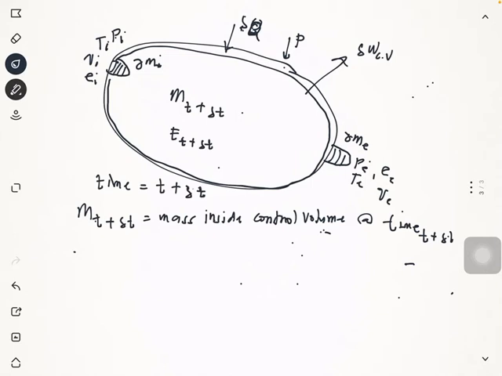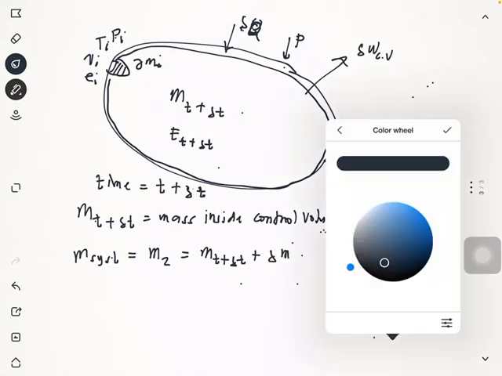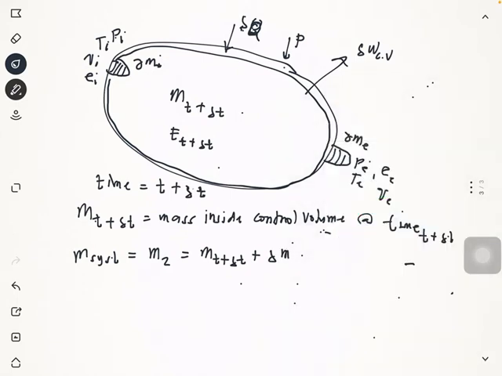So the mass of the system here at state 2, this is m2, so this is mt plus an exact differential of t plus what? An exact differential of m that is leaving the control volume.